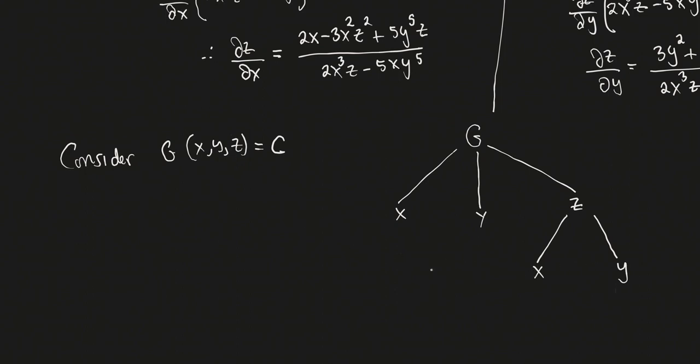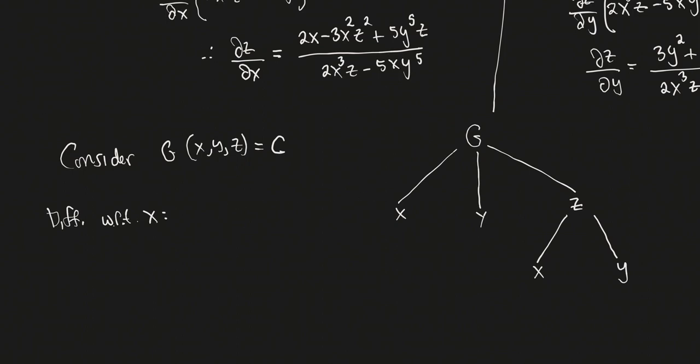And let's see what happens, right? So let's first differentiate with respect to x. If I want to find the partial derivative of g with respect to x, what I need is to look at every part of this tree that ends with an x.